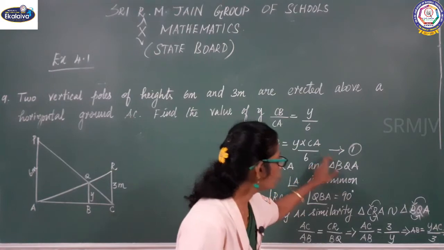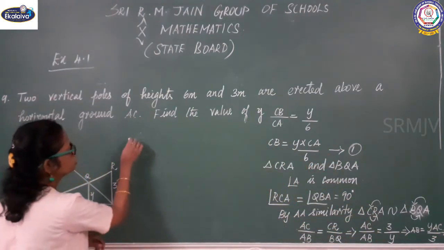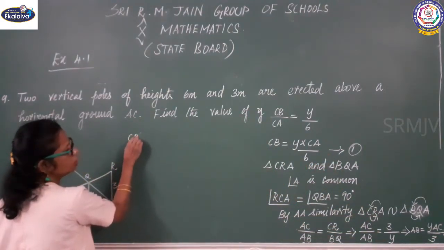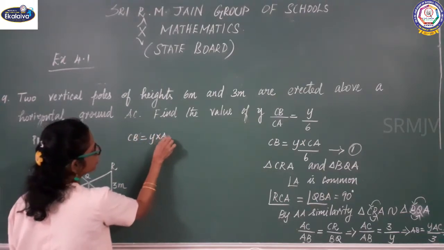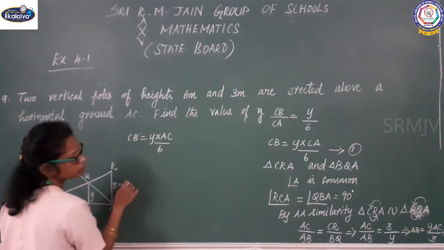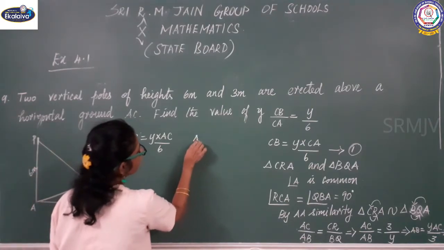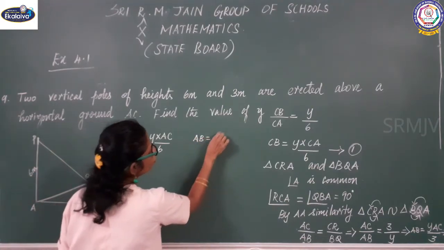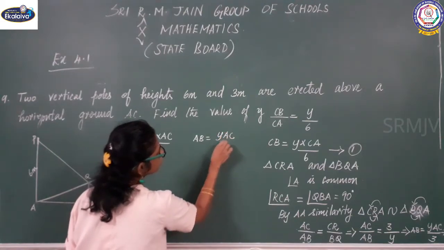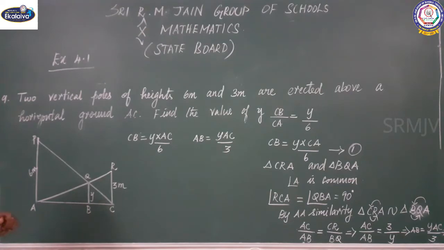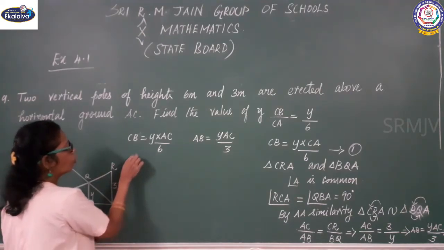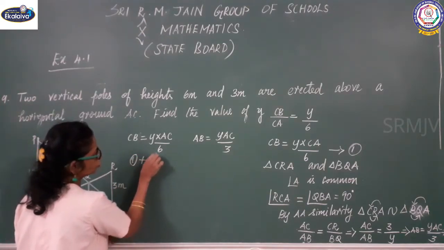See children, from 1 and 2, CB equal to Y into AC by 6, then AB equal to Y into AC divided by 3. Now you are going to add the equations, right? 1 plus 2.